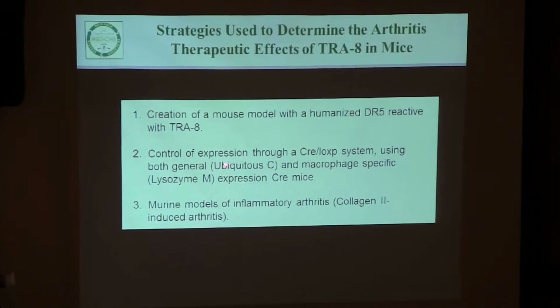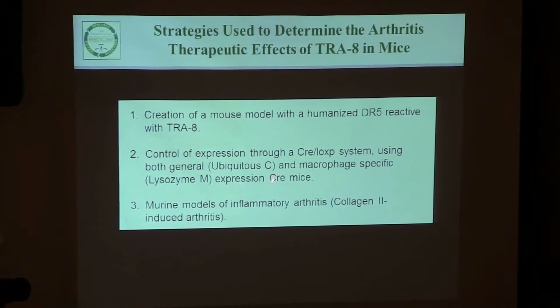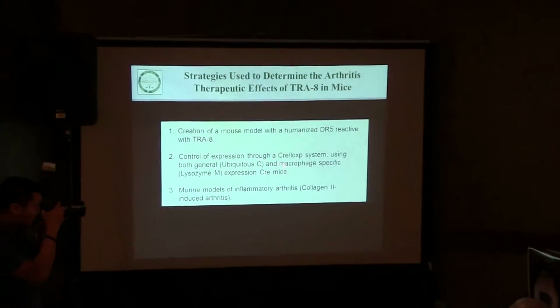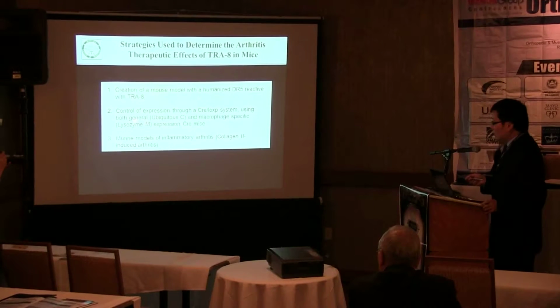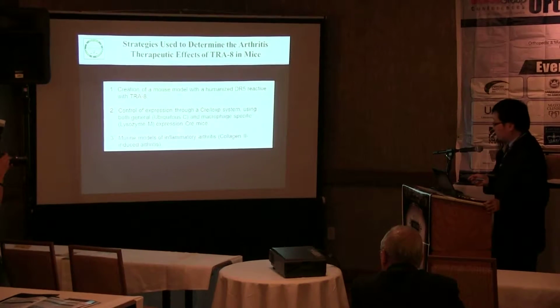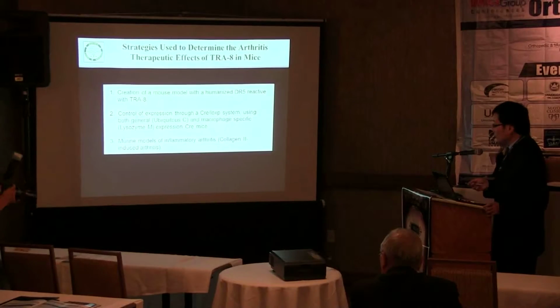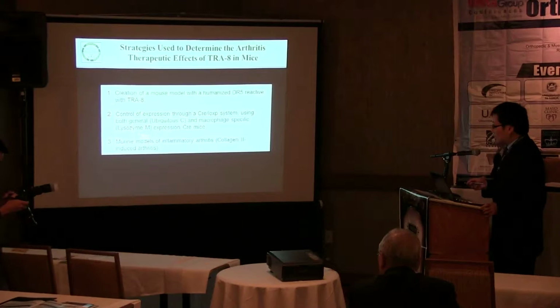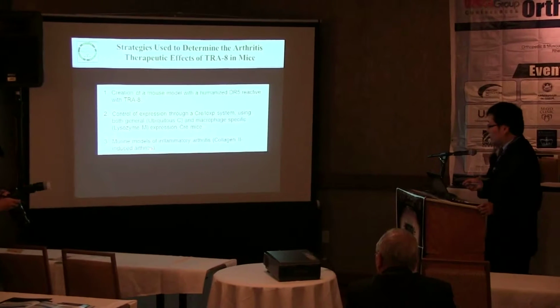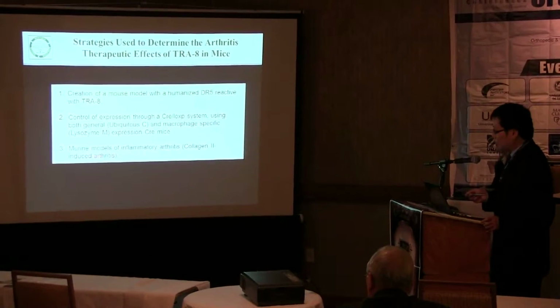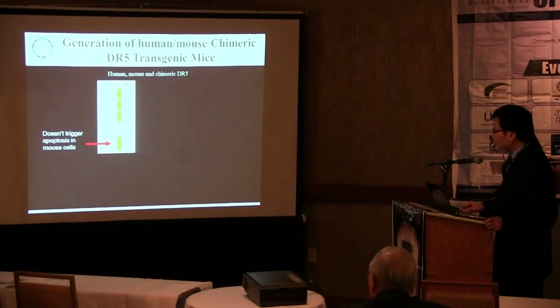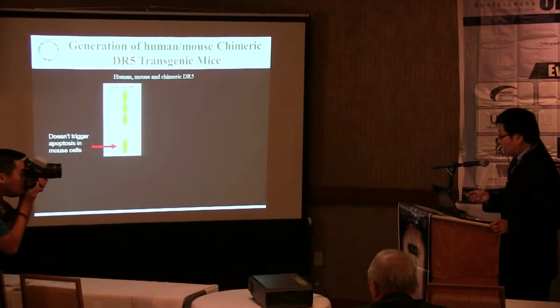Also, we're trying to control the expression of the transgenic DR5 by the Cre-LoxP system, which enables the expression generally or macrophage-specifically. And we also use the very commonly used mouse model of rheumatoid arthritis, collagen-induced arthritis, CIA.